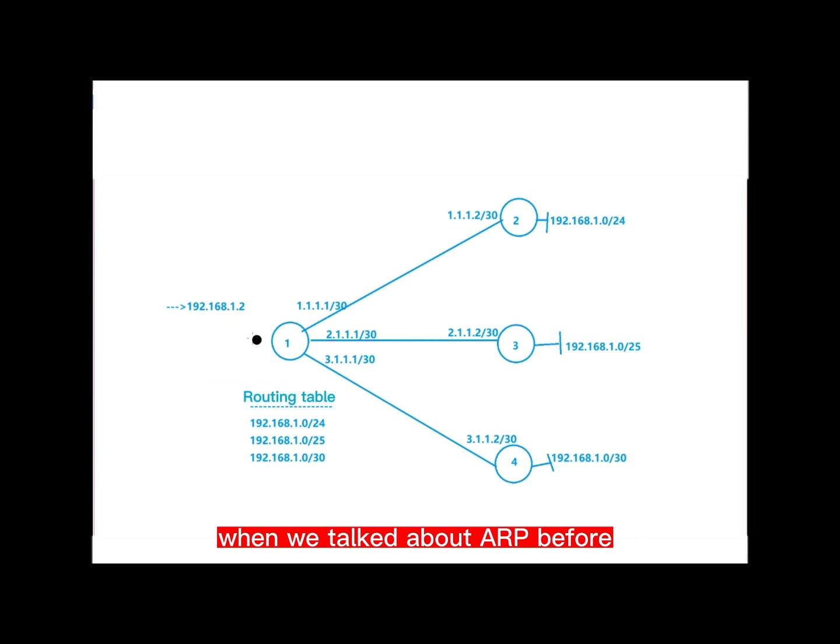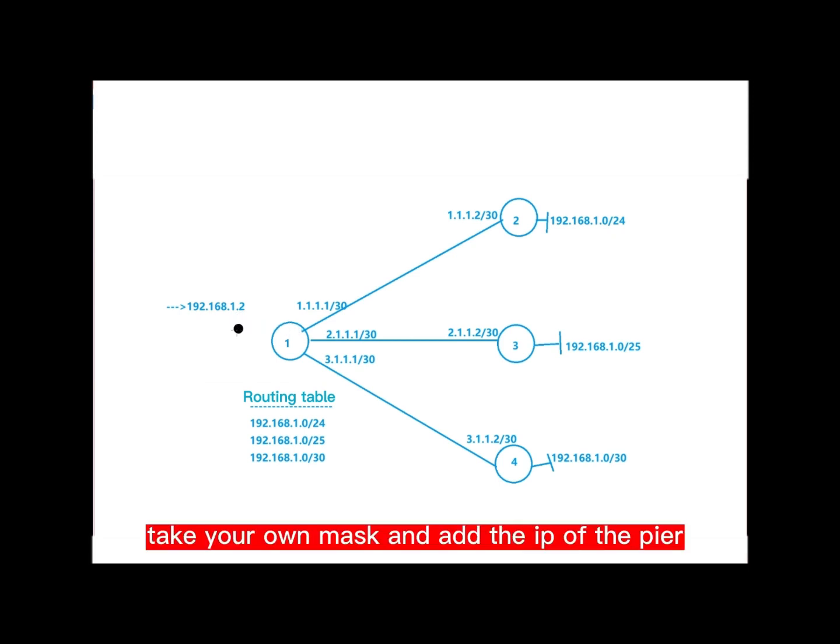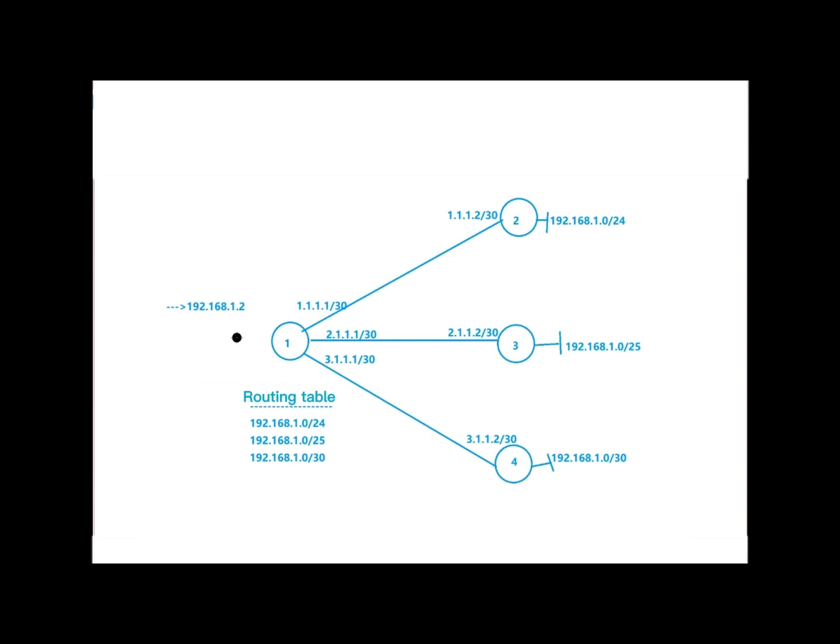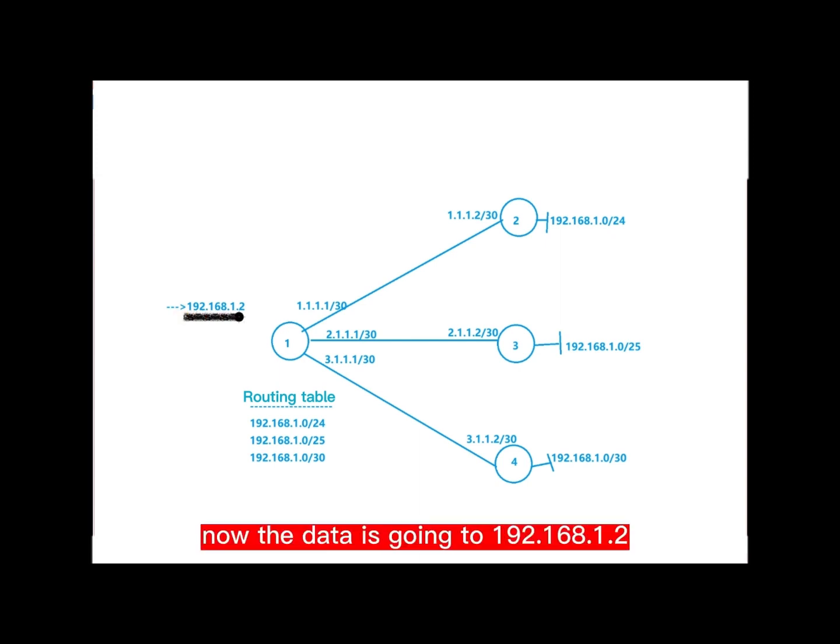When we talked about ARP before, we said to take your own mask and apply it with the IP of the peer, and match with yourself. Router 2: now the data is going to 192.168.1.2. It will take out all the local entries and calculate them.